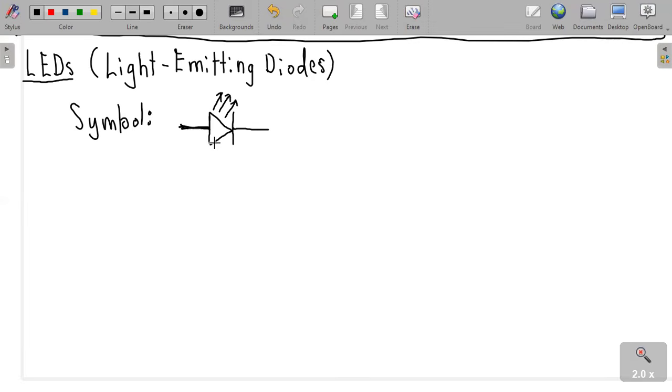We show a light emitting diode like this in a circuit.